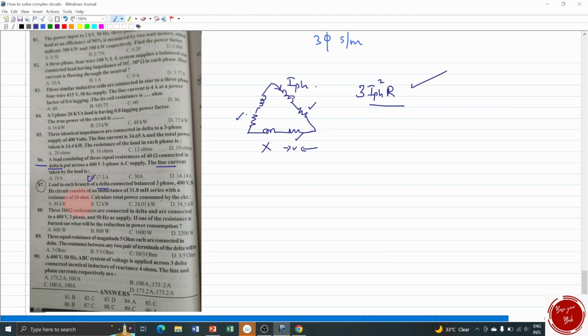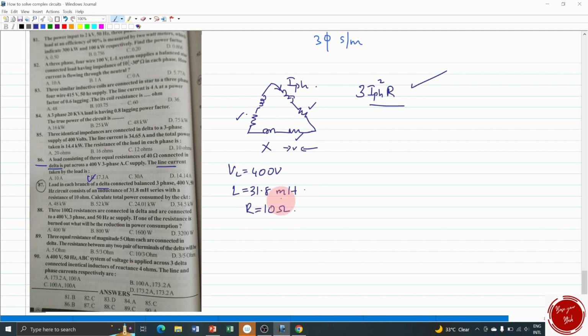Okay, so the details given in the question, it is a delta connected system, it's already noted. 400 volt is the line voltage, VL is equal to 400 volt, 50 hertz is the frequency, and L value is 31.8 millihenry, and R is 10 ohm.